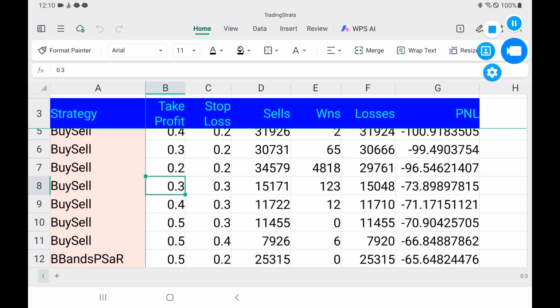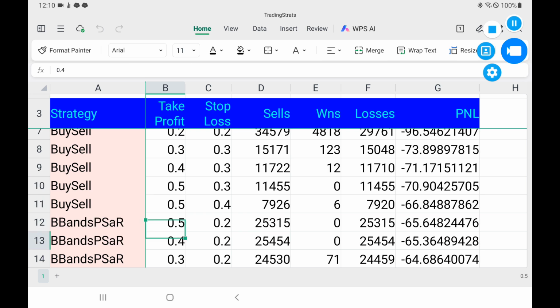We have 1-to-1, we have 4-to-1, and so forth. But then we get into Bollinger Band's parabolic SAR, and it also has a lot of losses. And we even have a few cases where the wins are zero.